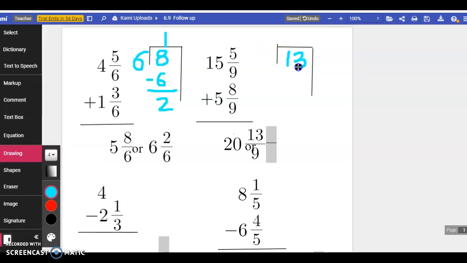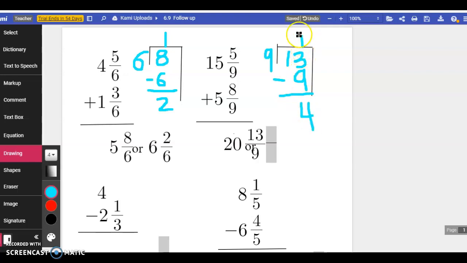So that goes in the box. And we're going to divide it by the numerator. So 9 goes into 13 one time. 9 times 1 is 9. 13 minus 9 is 4.